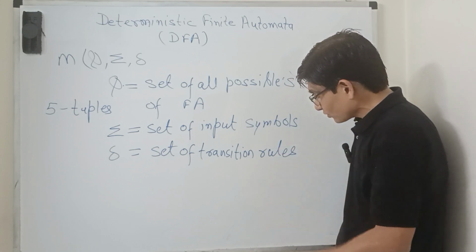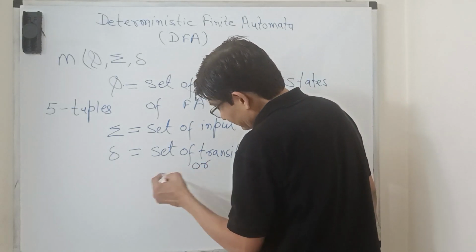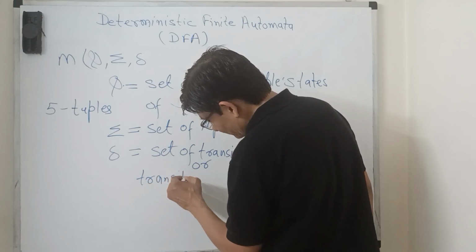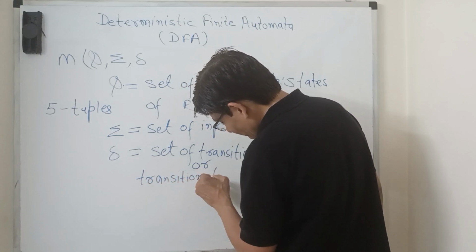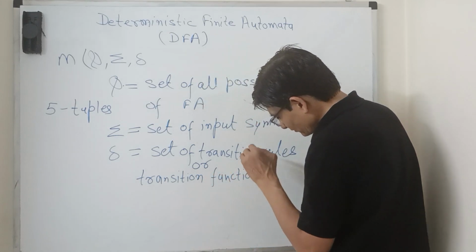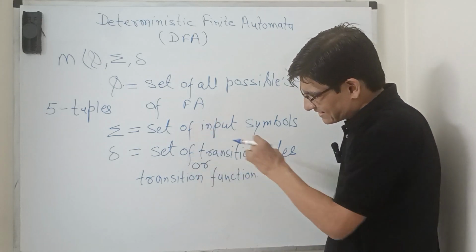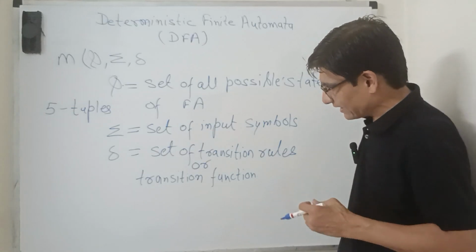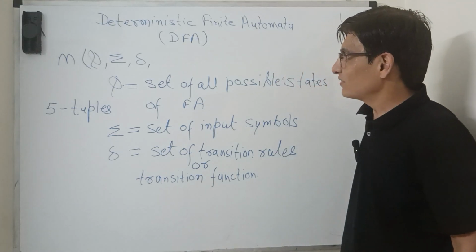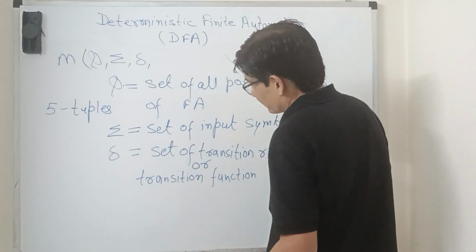So we can call it a set of transition rules, or a transition function. I will discuss the transition function separately in detail. First let me introduce all components, then we will discuss all of them in much more detail, right?